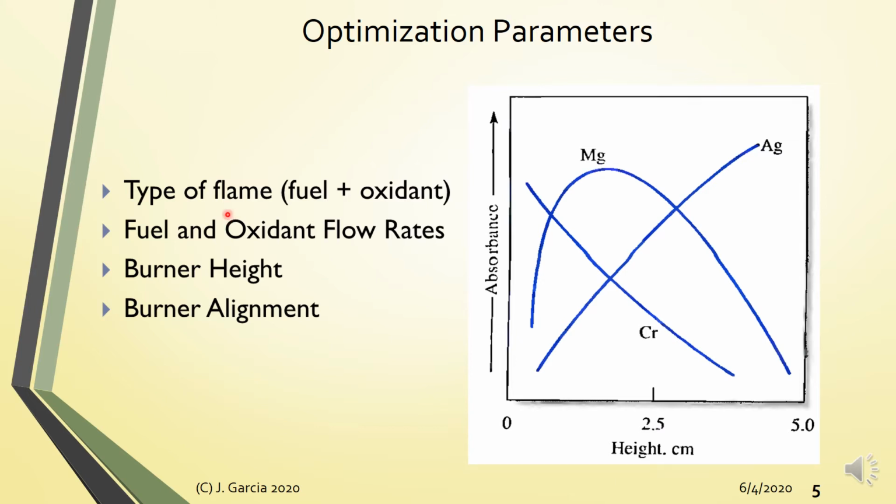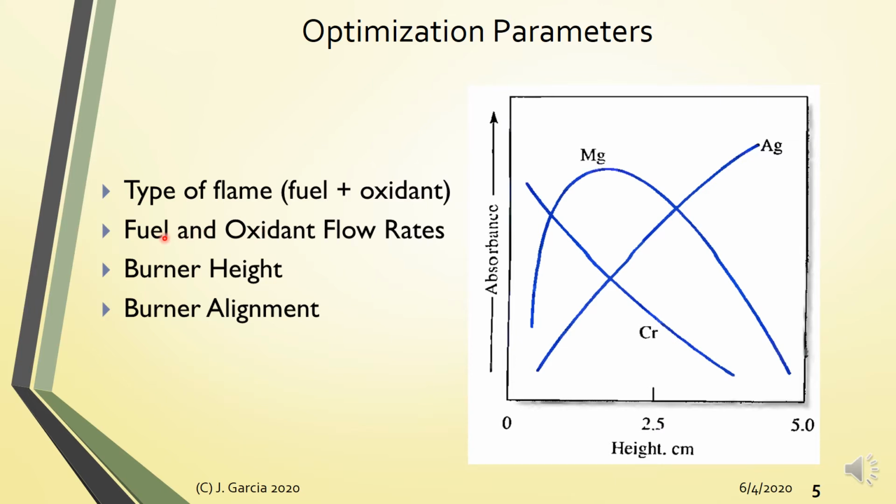Also, you need to optimize the fuel and oxidant flow rates, the ratio between the fuel and the oxidant, because this will also determine the resulting temperature of the flame. Another is that if your fuel and oxidant flow rates are too fast, the tendency is that the flame will go out. Hindi magi-ignite yung flame.